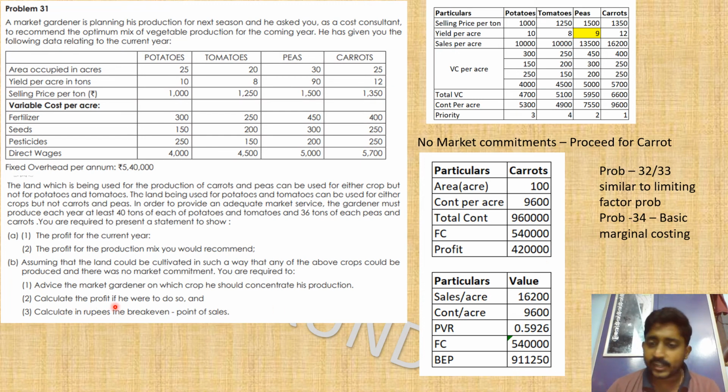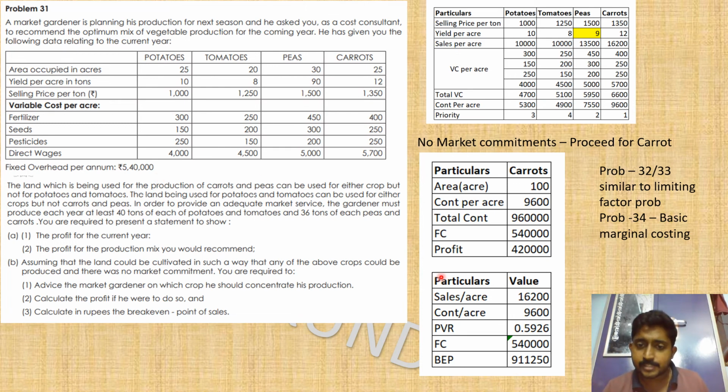So we have calculated the profit. The last part of the question is to calculate in rupees the break-even point of sales. So break-even point, if you see that word, the formula is fixed cost divided by PV ratio. Now we have fixed cost, which is given in the question, 5.4 lakhs. So we need to find the PV ratio. What is the formula for PV ratio? Contribution divided by sales.